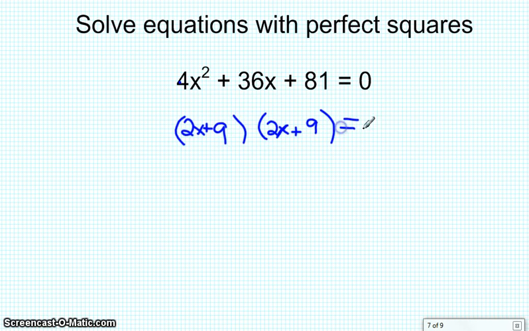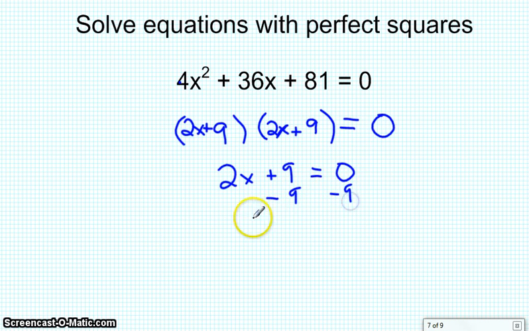And remember, it is equal to 0 because now we're solving equations. And it's equal to 0, so I can use the zero product property, which says that one of these two things must be 0. Well, they're identical. So in this case, I only have to solve for 1. Because x is going to be the same for both of them. So 2x plus 9 equals 0. I'm going to subtract 9 here.